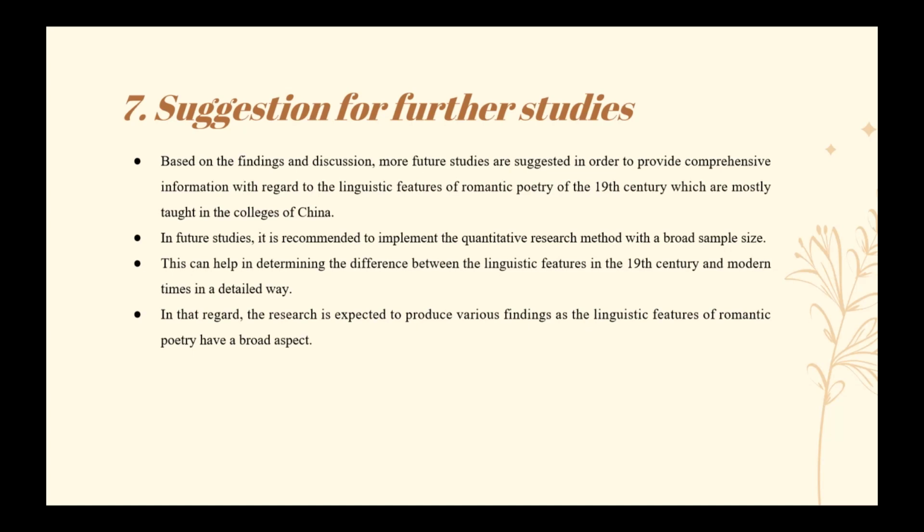This can help in determining the difference between the linguistic features in the 19th century and modern times in a more detailed way. And in this aspect, the research is expected to produce various findings as the linguistic features of Romantic poetry have a broad aspect.